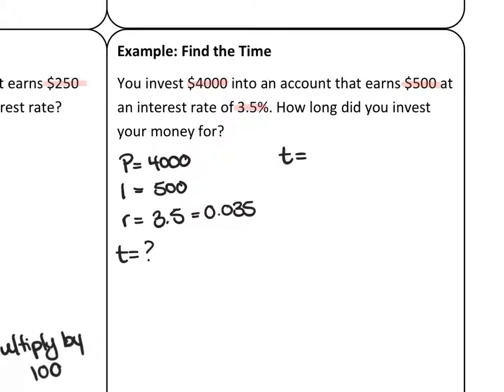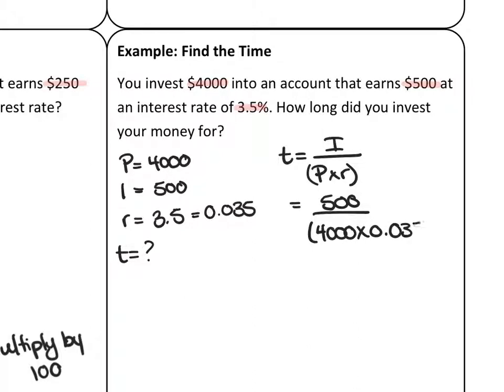So our formula says that T is equal to I over P times R. So 500 divided by 4,000 times 0.035. We'll calculate the bottom, and then divide, which is 3.57 years.